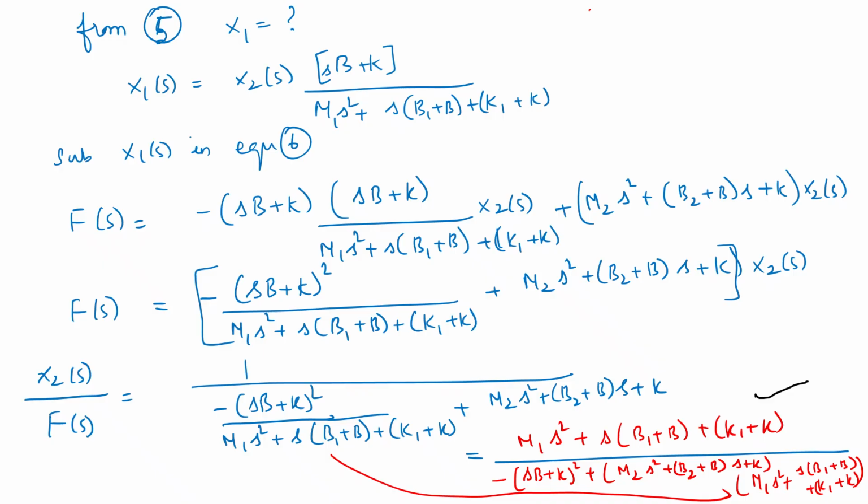And in the denominator, we have the terms minus s b plus k the whole square plus m2 s squared plus b2 plus b s plus k, times m1 s squared plus s into b1 plus b plus k1 plus k. We can stop at this level, or we can further expand the equation in both numerator as well as denominator, and we can find some terms get cancelled.